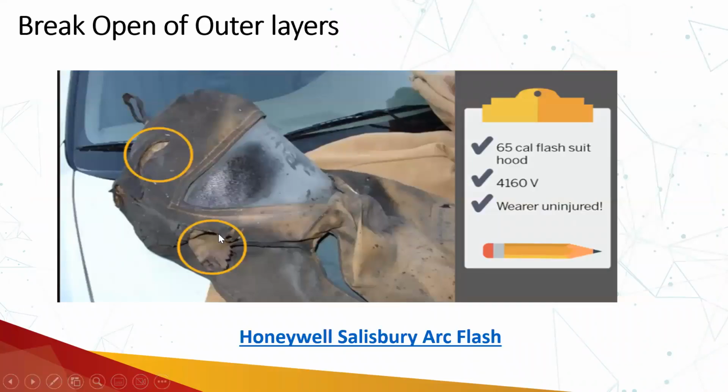In this picture, we can see that there was an arc flash event, and this personal protective equipment broke open. The outer layer broke open, but the inner layer remained intact, and the wearer remained uninjured.